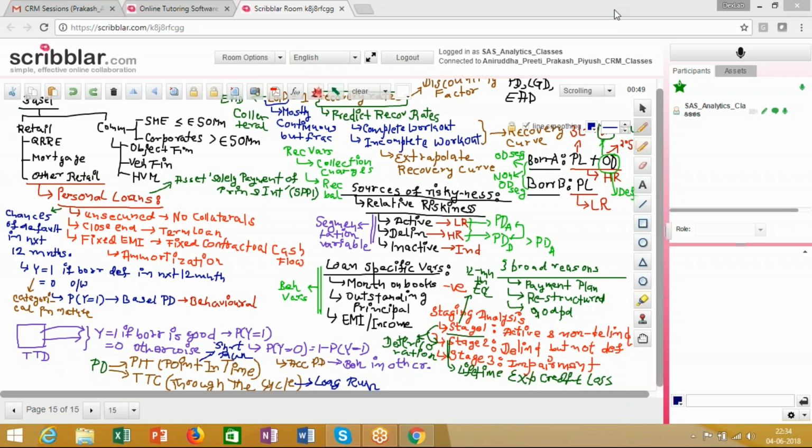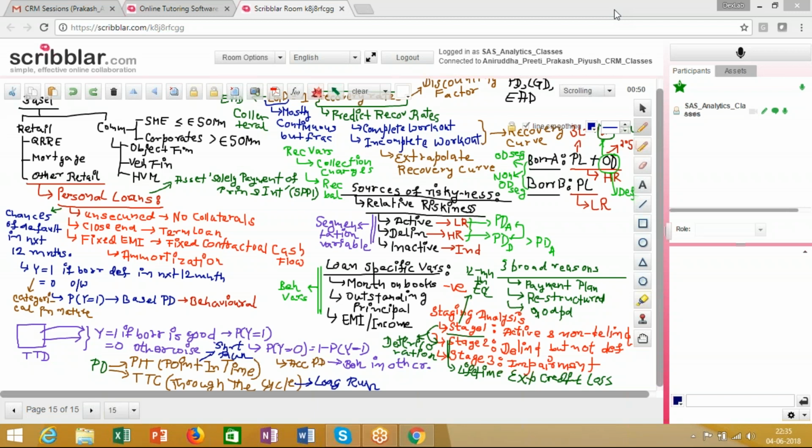So this is a very temporary measure of PD and it keeps on changing with changes in the macroeconomic scenarios. However, if I incorporate all the macroeconomic scenarios and develop a model using very long term data in my system, then that PD which changes with the macroeconomic situation is known as a point in time PD.